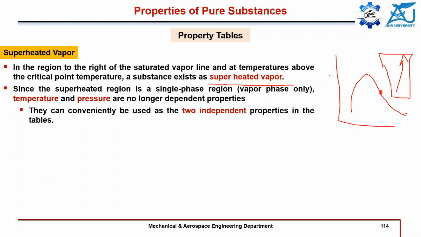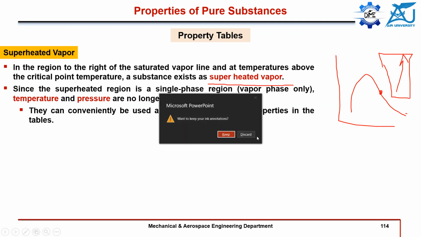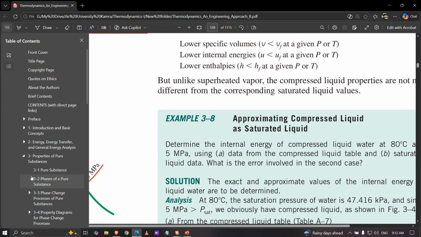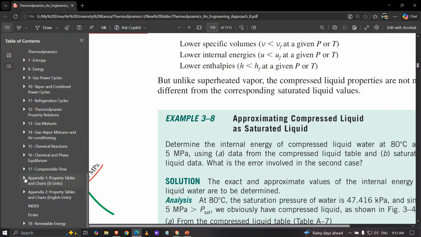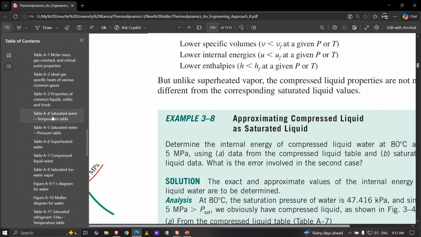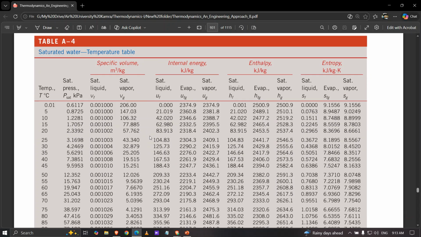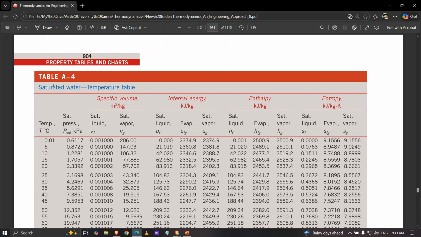Okay, so the property table for this region is a little different from the properties table for the mixture region, or the saturated liquid or vapor. Let me go to the book to explain this. Observe this table, which is the saturated water temperature table.